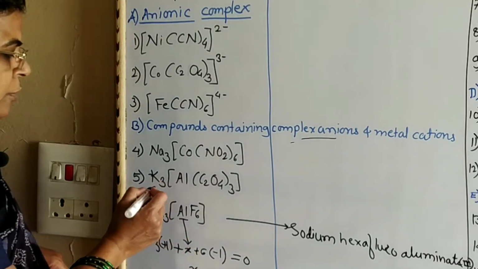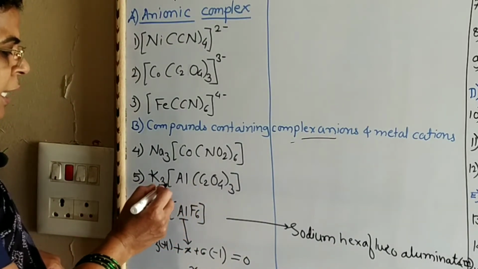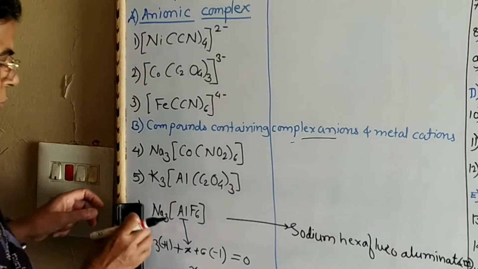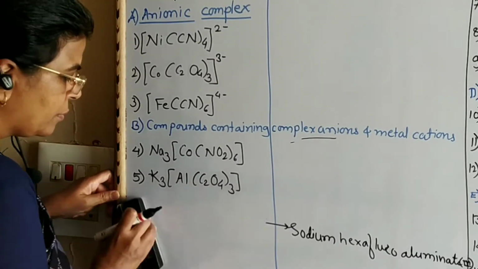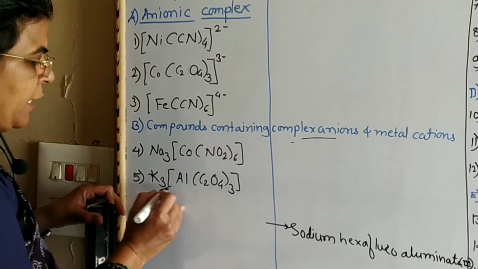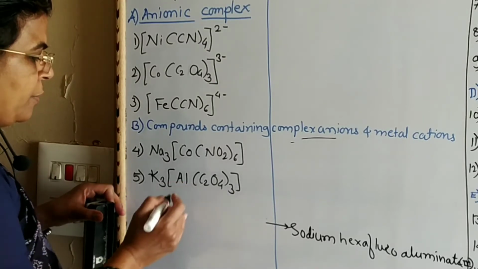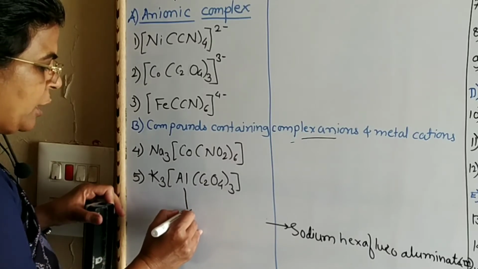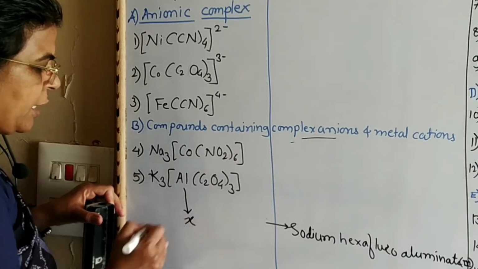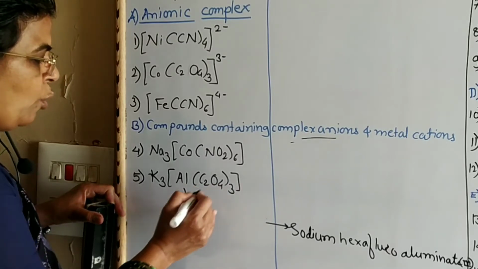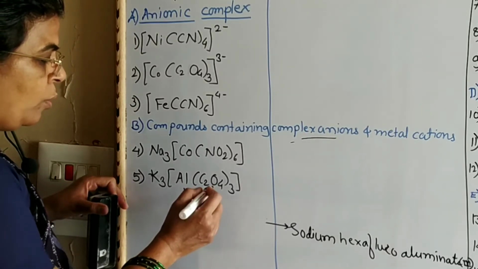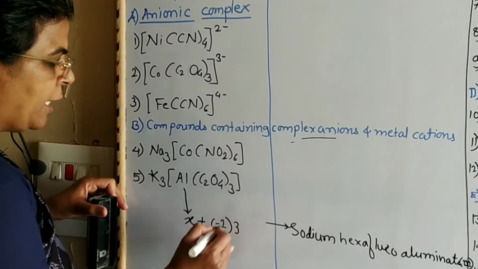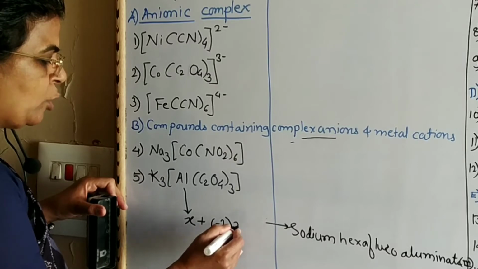Now we are going to give the name for this compound, K3[Al(C2O4)3]. First we calculate the oxidation state of this aluminium. Consider it as X. Here C2O4 is oxalate, which possesses -2 charge, and there are 3 oxalates, therefore multiply -2 by 3.